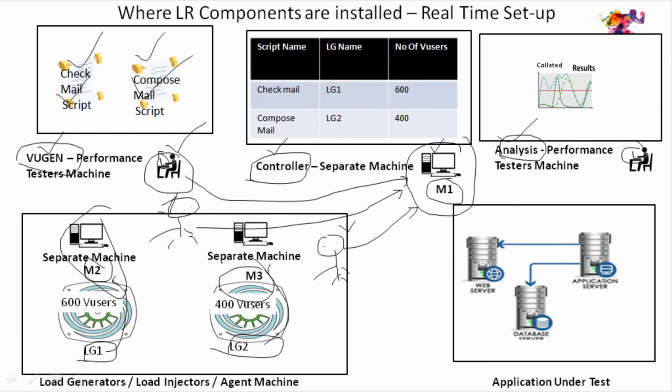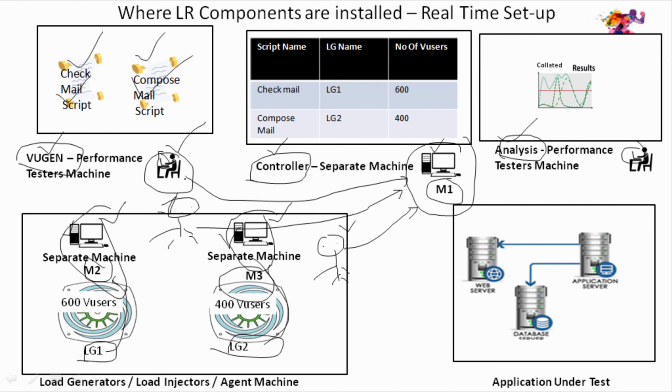These are separate machines, dedicated only for the load generator. No VUGen, no controller, nothing else will be installed. Just the LG software will be installed. Again, these are dedicated machines, which means that nobody else is supposed to use them. So this is how it will be in the real-time setup.